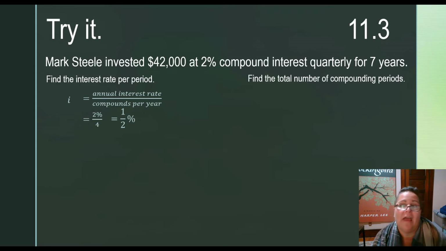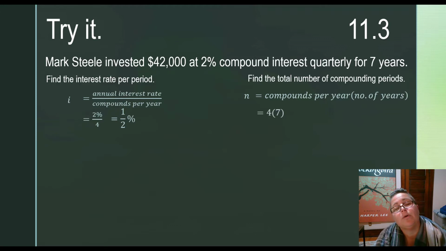The total number of compounding periods is N. That's the number of compounding periods in 1 year times the number of years of the loan. So this would be 4 times 7 or 28. Now, in the table that I've given you, we don't go up to 28 periods. It only goes up to 25.